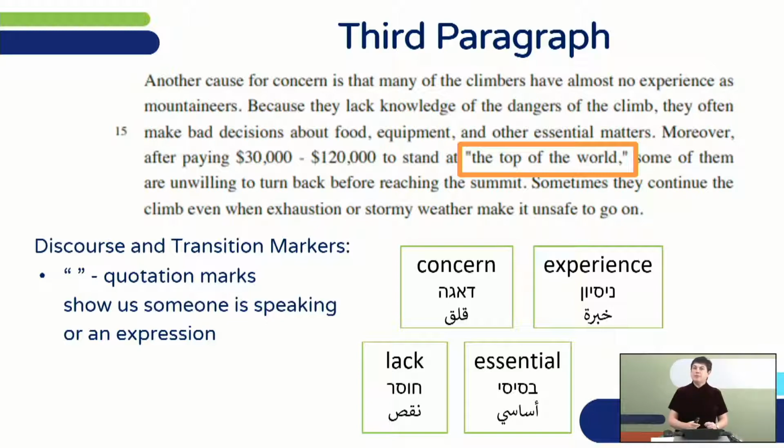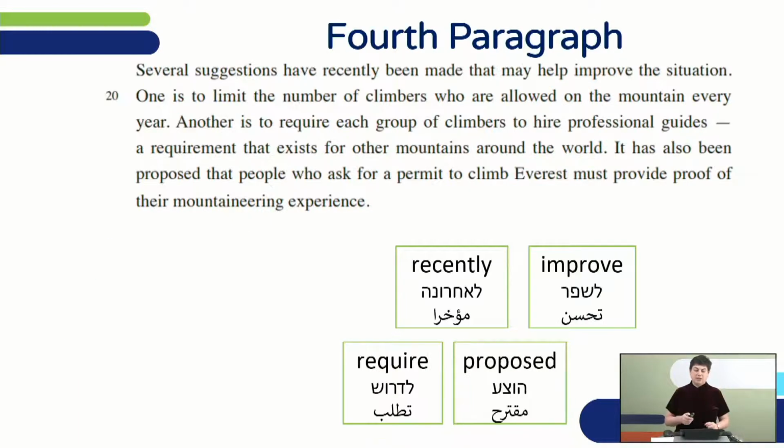So if you've got something in quotation marks like that, and it isn't he says or she says, then you can bet that they're going to explain it in the text. So again, you won't need the dictionary to find out what's here in the quotation marks. So don't use the dictionary when you've got quotation marks like that.